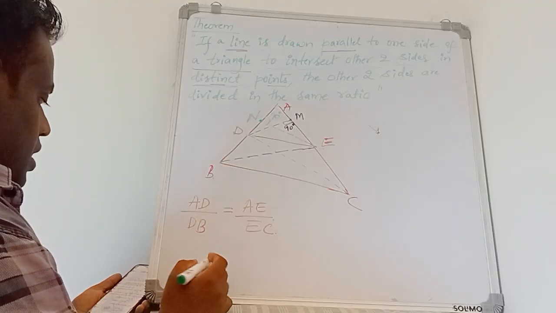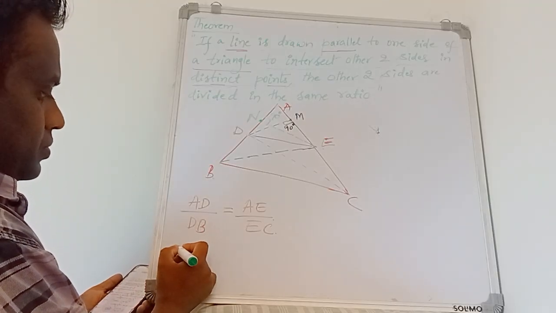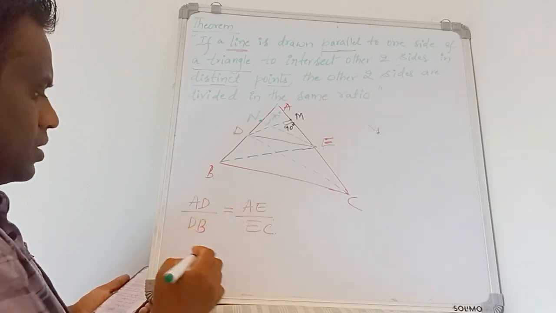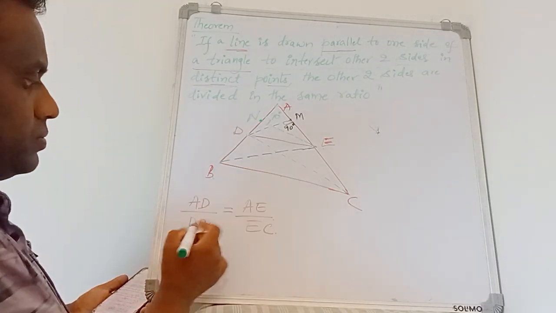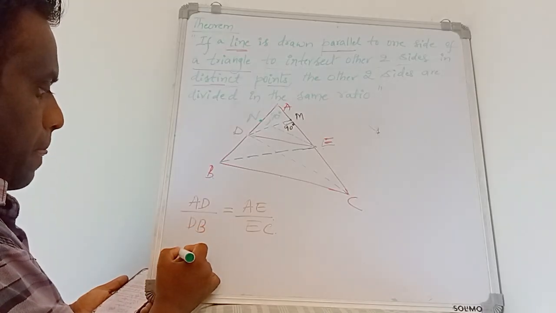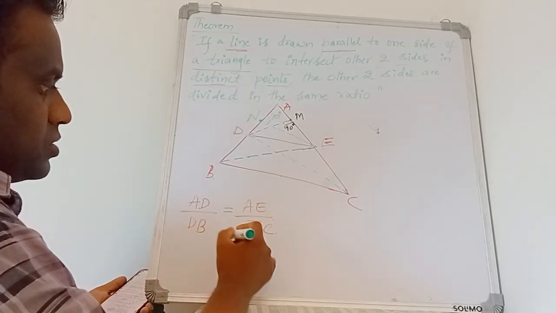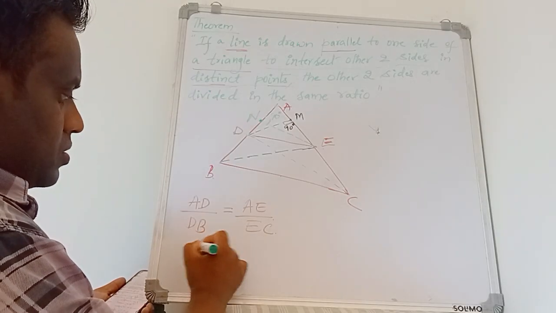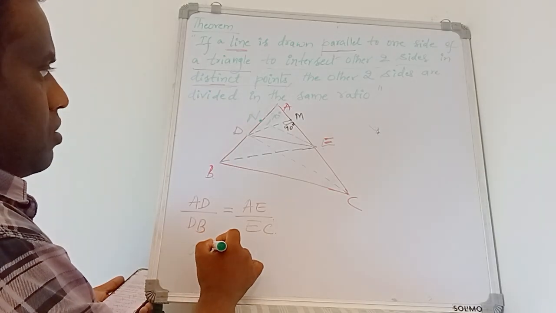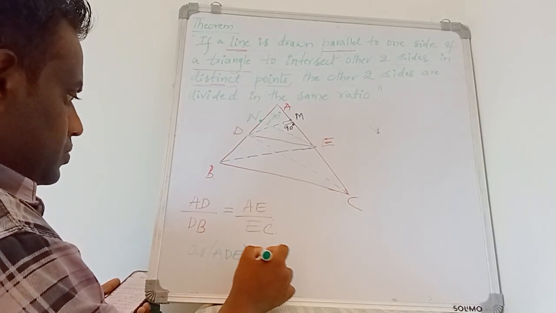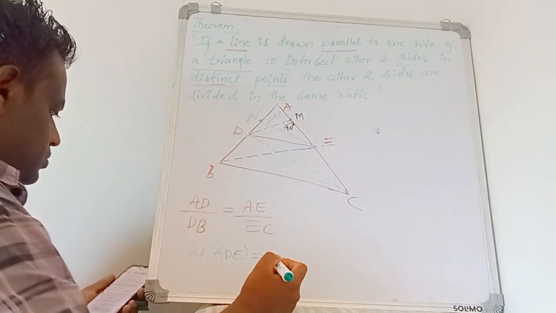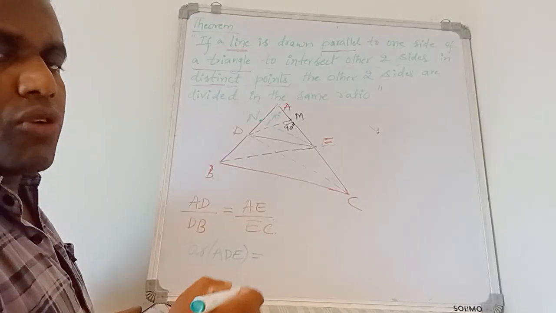So area of triangle ADE. Okay, so we have a formula.